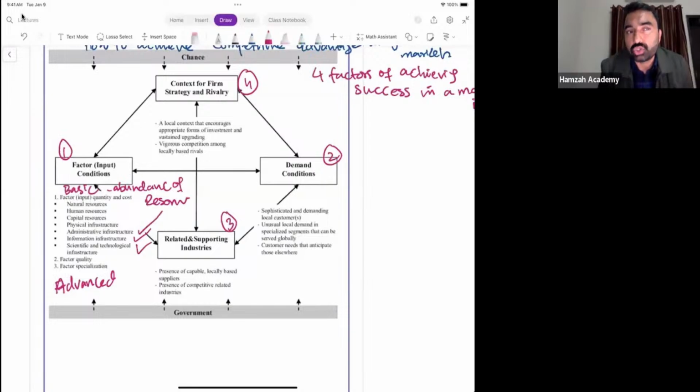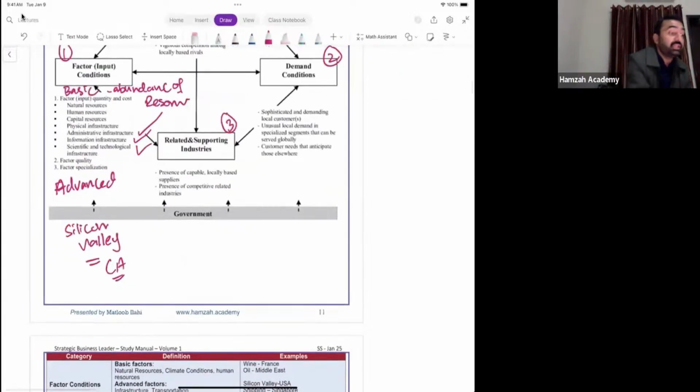If we look at the world's top technology companies, the majority of these companies have originated from one place, and that's called Silicon Valley. If you look at Silicon Valley in San Francisco, California, these factors are very clear. One more example is Singapore.